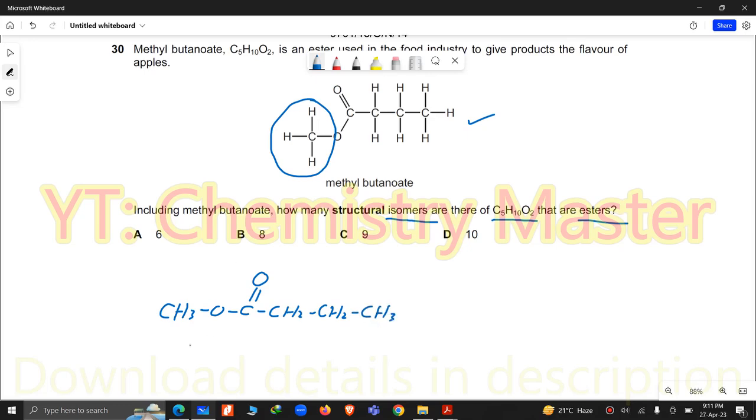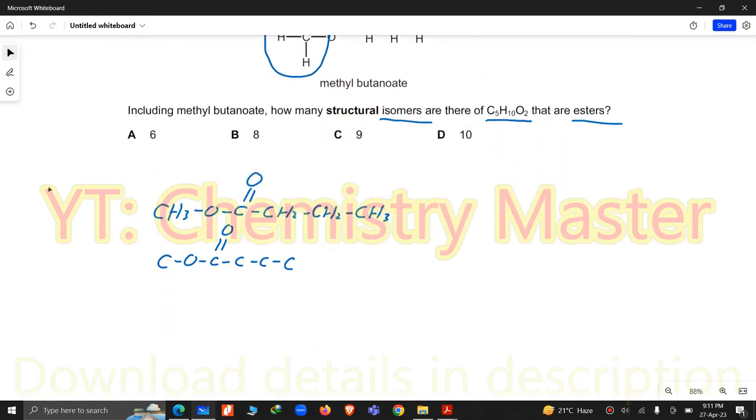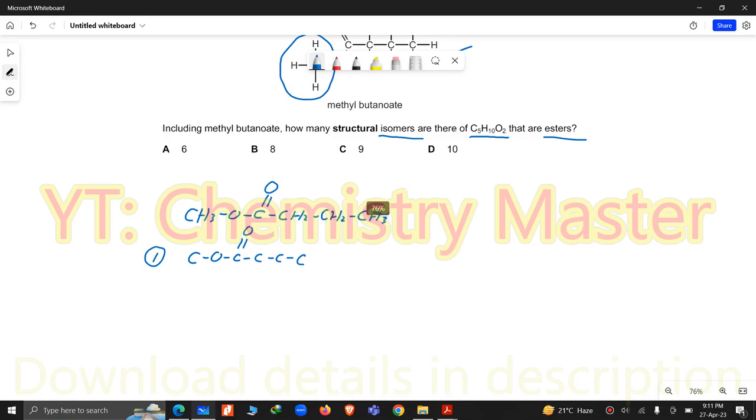For even more simplicity, I can write it as C, O, C carbonyl, C, C, and then C. This will make it even simpler because we have to draw out more isomers from here. I can label it as isomer number 1 because this is according to the displayed formula already in our question.